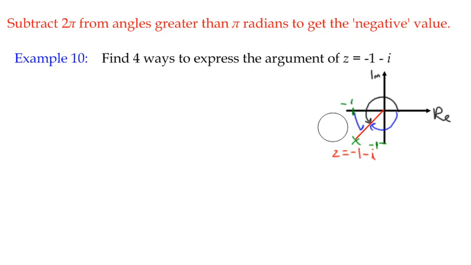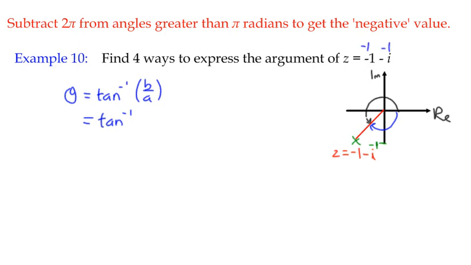We're not going to worry about the modulus just now, just the argument. We know that the argument, theta, is the inverse tan of b over a, the imaginary part over the real part, which in this case, we've got -1 and -1. That's a and b.